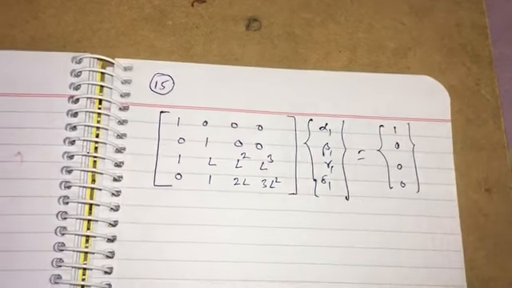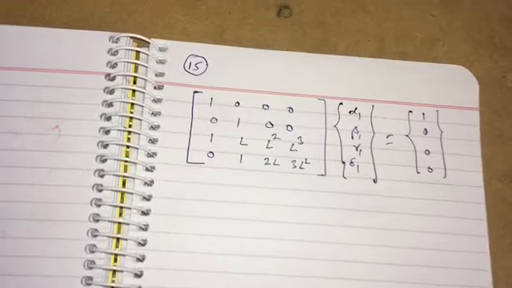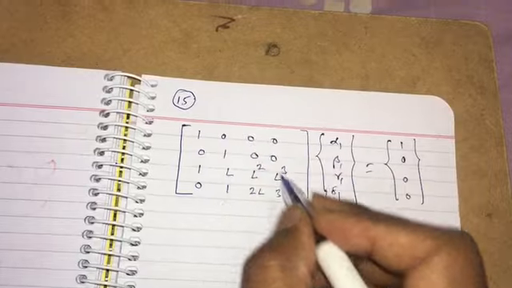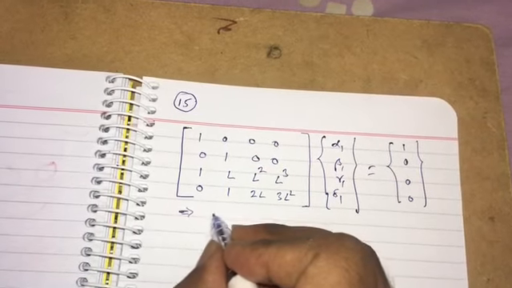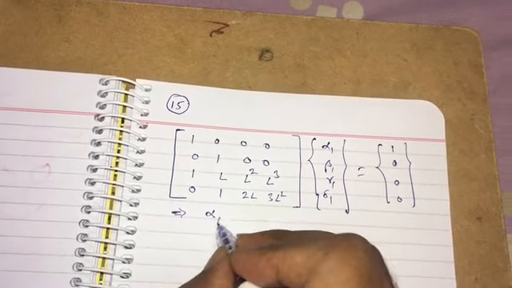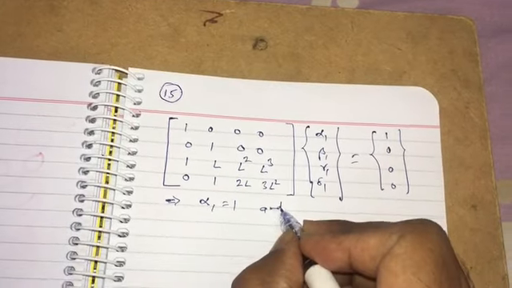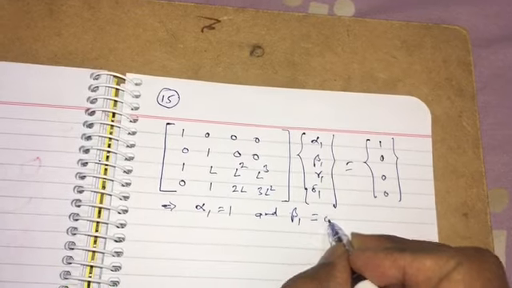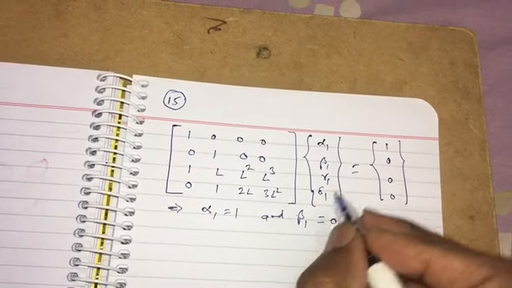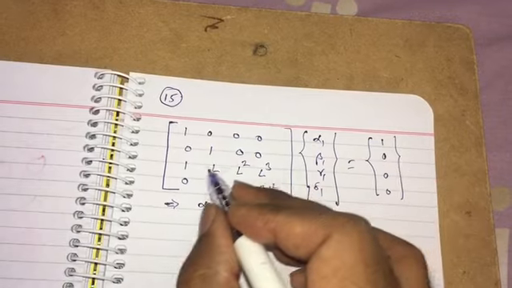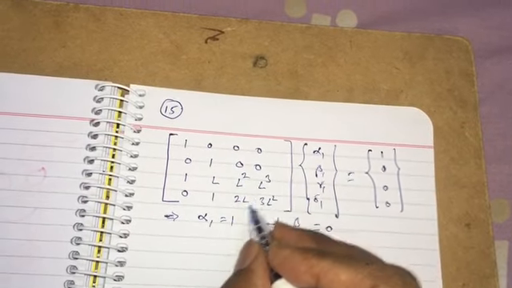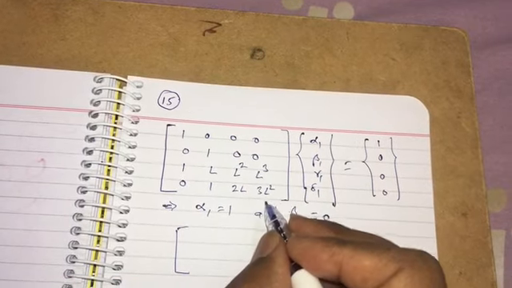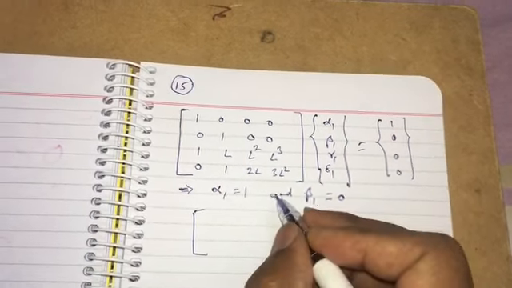In order to solve this, if you look at just the first two equations, you get alpha 1 equal to 1 and beta 1 equal to 0. If we put those values in, we turn this into a 2 by 2 system only.